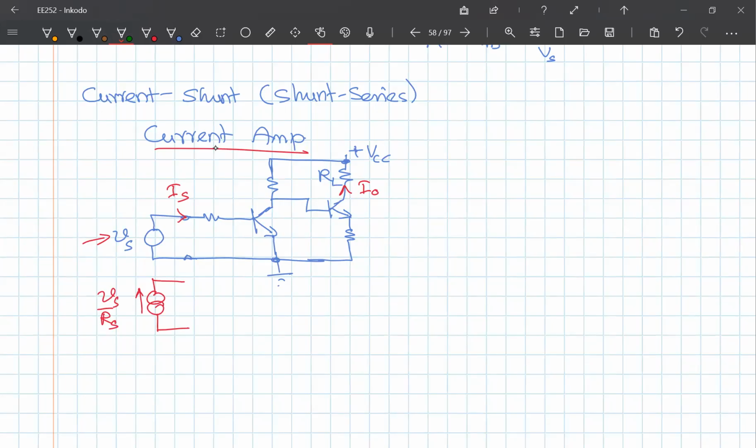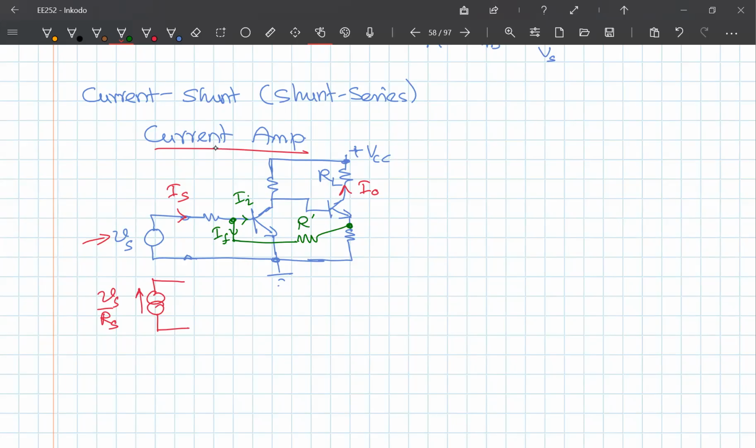So therefore, I need to take some current from here, so that IS minus IF will be the I in, okay? And this will be connected. Okay, that is my R dash, my feedback resistor.